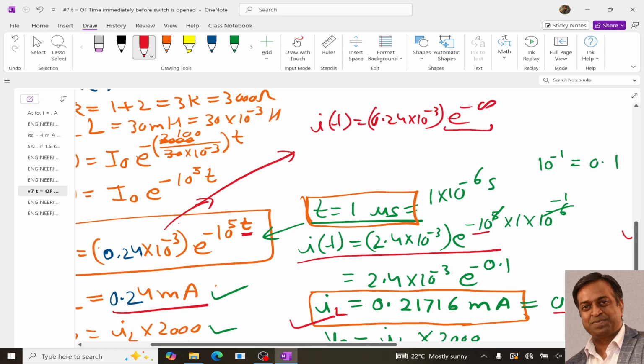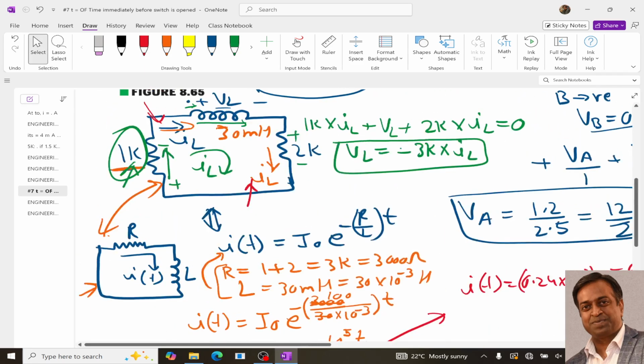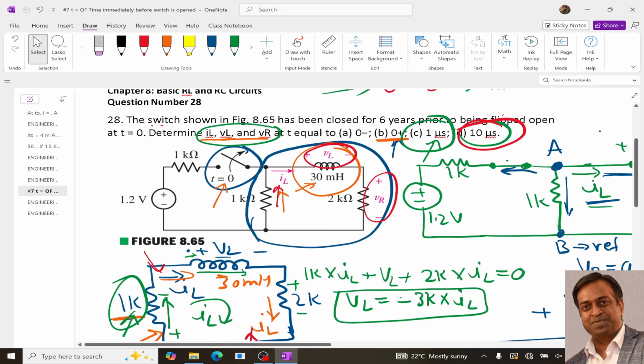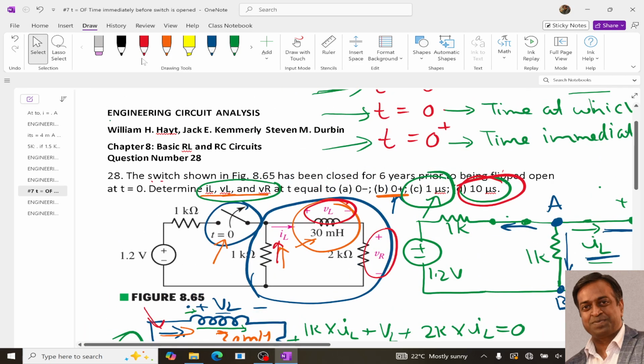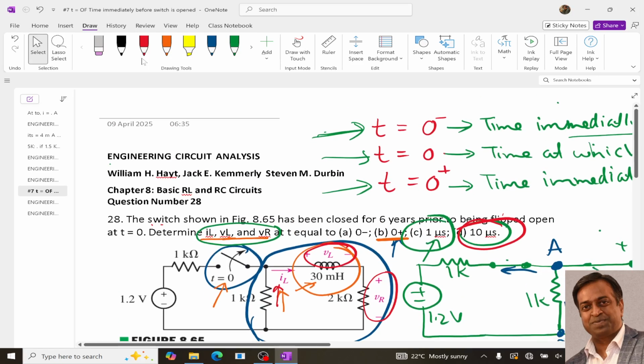Since it is minus infinity, it will become 0, so current will be 0. And since current is 0, our voltages will also be 0. So our theoretical concept and the numerical values both are the same, right? In this way we can also verify whether we are coming out with the correct answers or not. So with this I end this video.